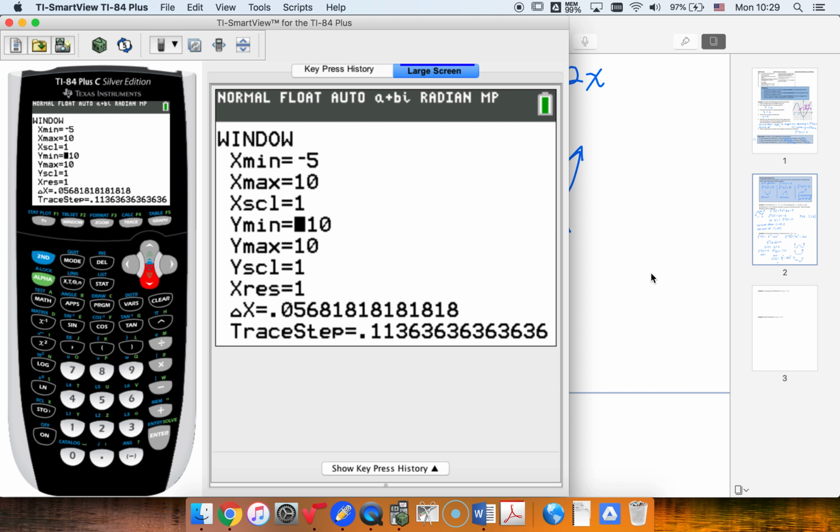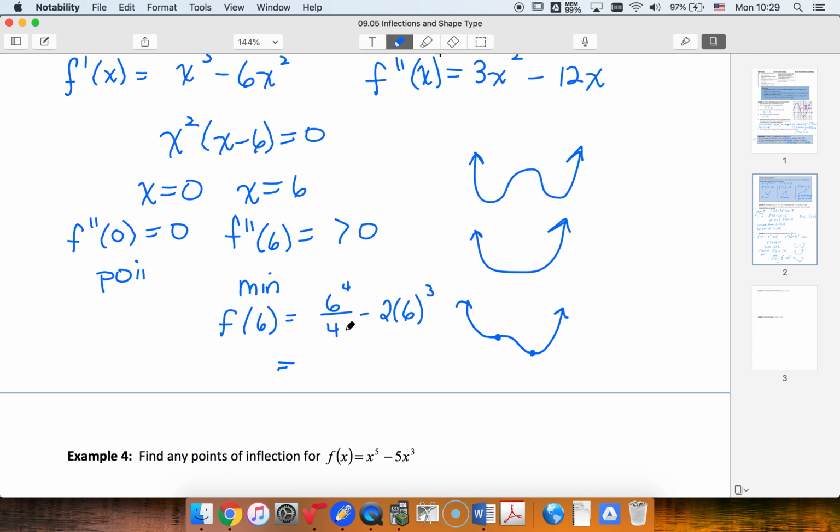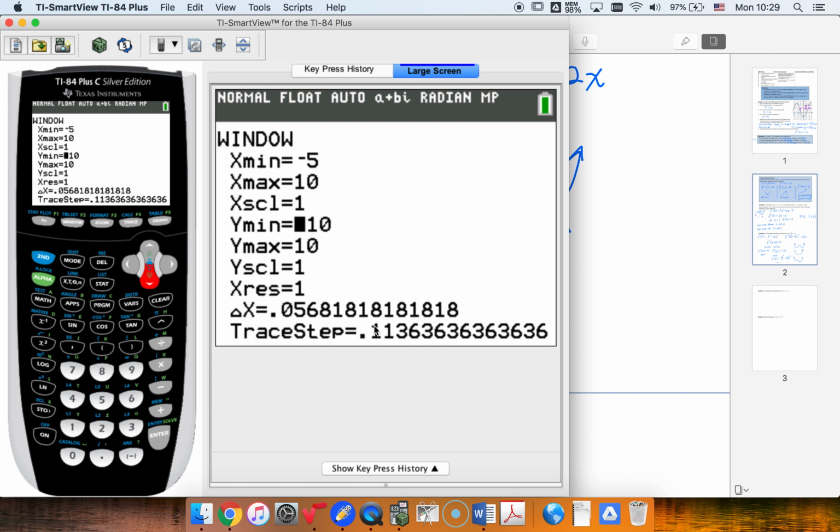And now I know that I want to go below 6 to the 4th over 4 minus 2 times 6 cubed.